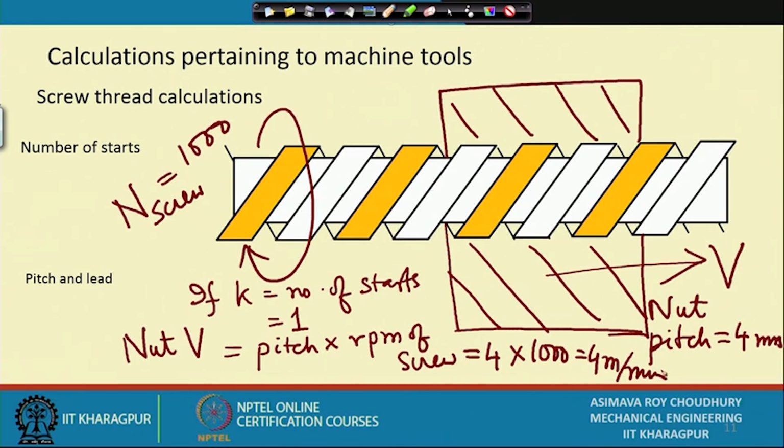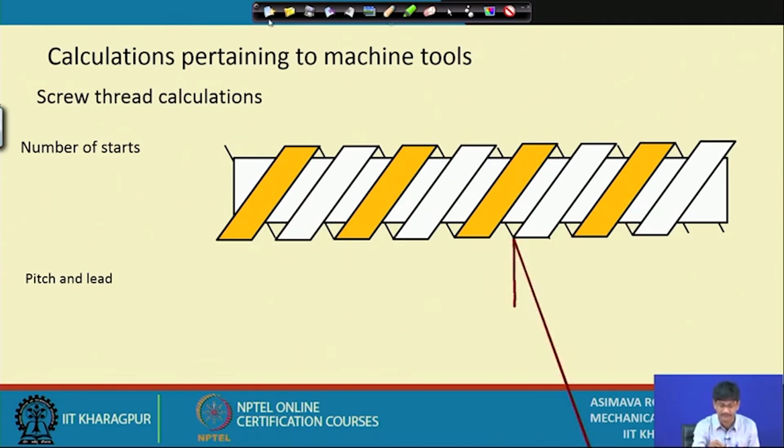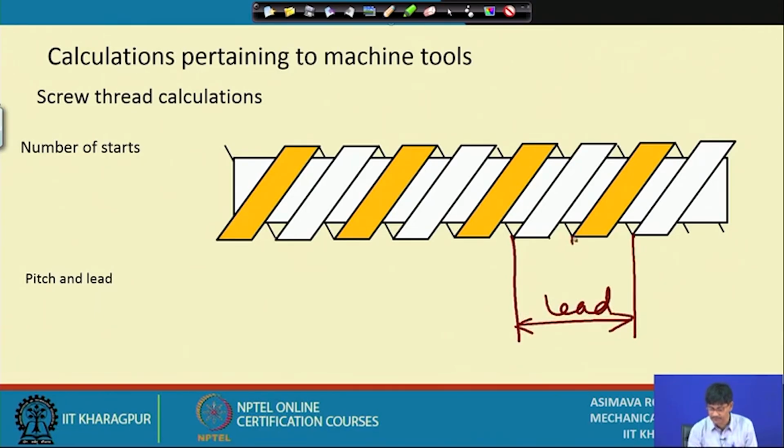1. However, if there are 2 starts as shown in this figure, there is another term defined which is called lead, while this was your pitch.